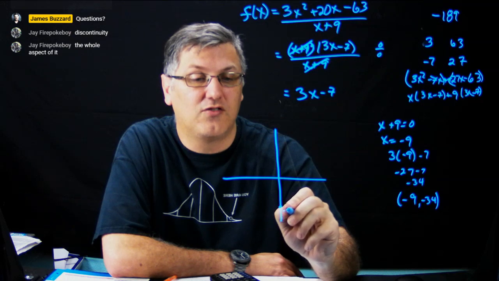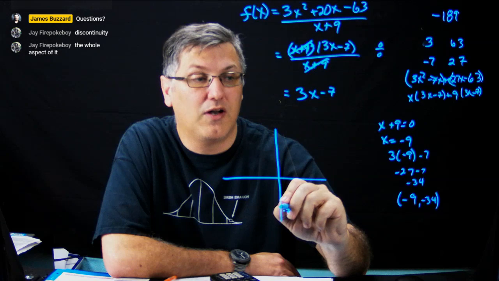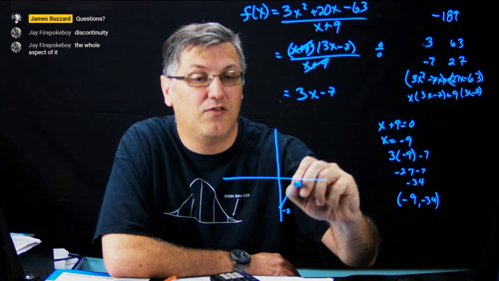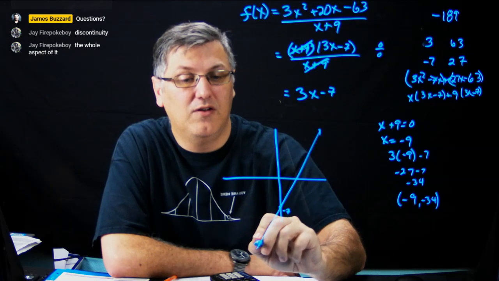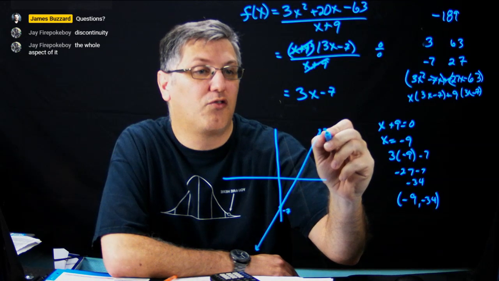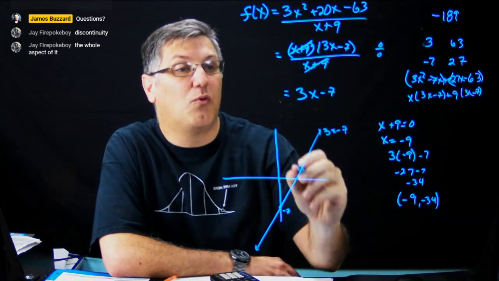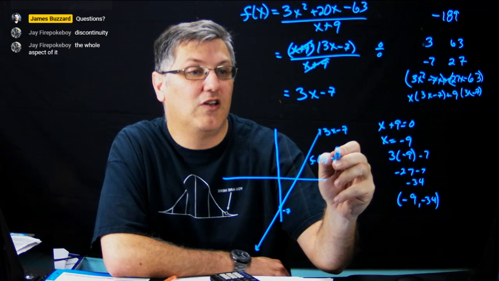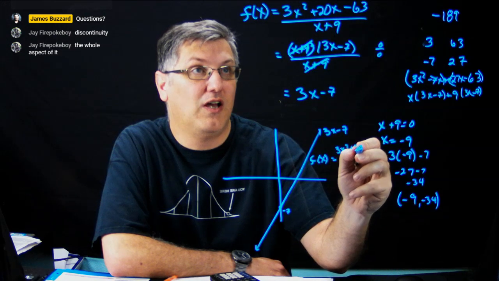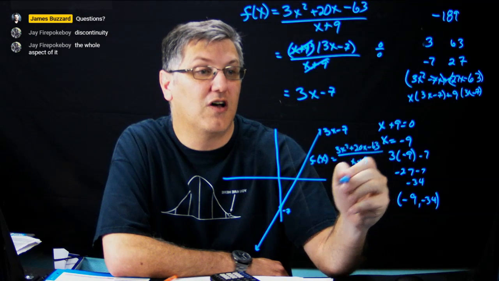So this is negative 7 right here. It's got a slope of 3, so it's going up along the lines of this and down like this, right? So this is the equation of 3x minus 7. But it's actually the equation of my f of x, which is the 3x squared plus 20x minus 63 all over x plus 9.